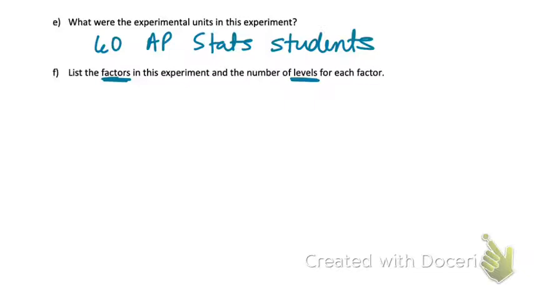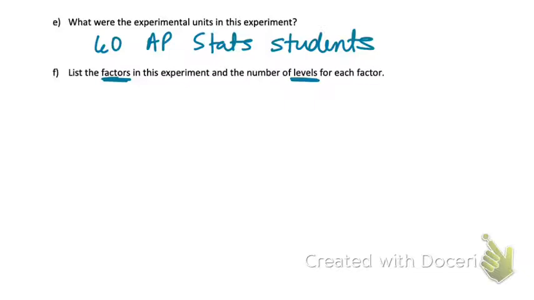So, guess what? In this experiment, there were actually 2 factors. One of them was the class. That was our explanatory variable that we identified already, but there's actually a second explanatory variable. Within each class, students were then assigned to do something else, and it was what kind of instruction they got.